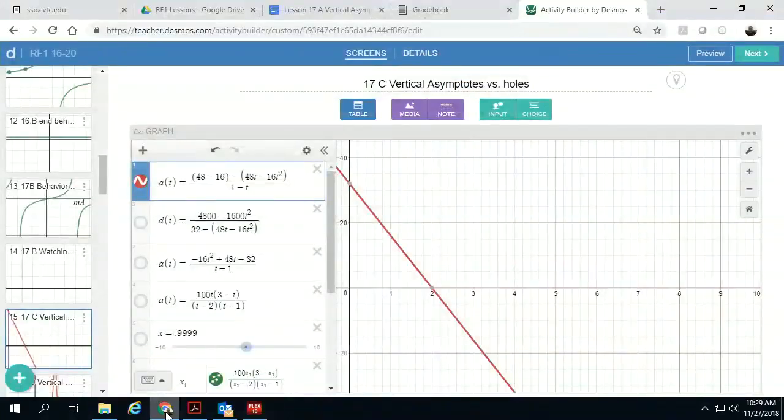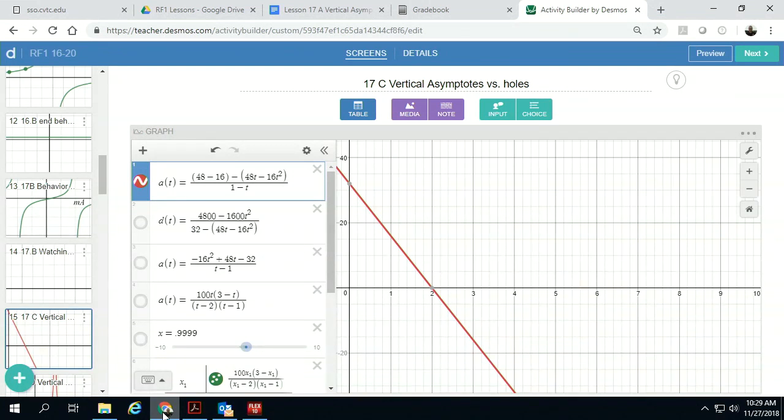Page 240. Number 3, does the graph of A have any vertical asymptotes? Number 3. Oh, did I skip a page?